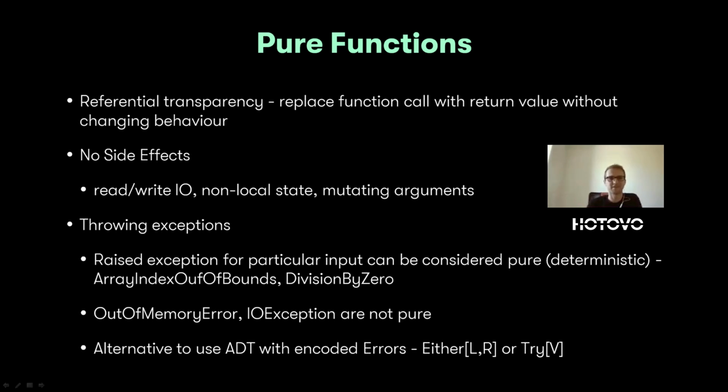Yes, that's exactly right. So every function, in a sense, that does anything with memory access can throw an out-of-memory error. So by definition, this would make all of the functions impure.